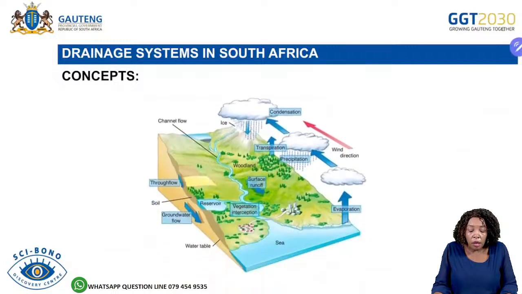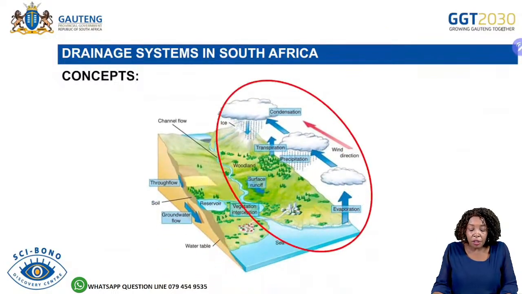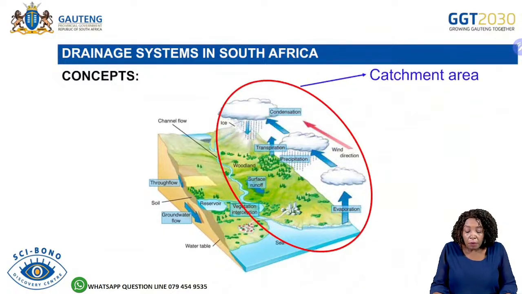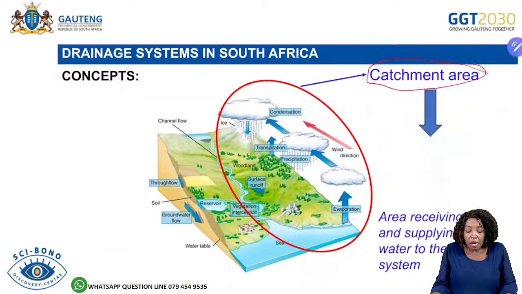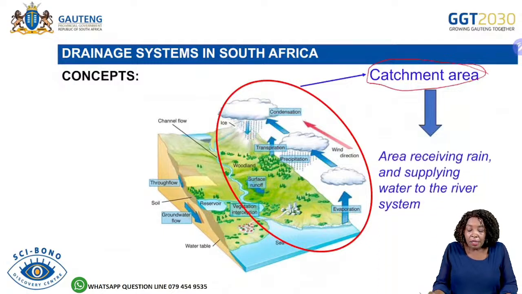Okay. Then we've got another illustration here, where we are going to look at the concept of a catchment area. So what is a catchment area? A catchment area is the area receiving rain and supplying water to the river system.